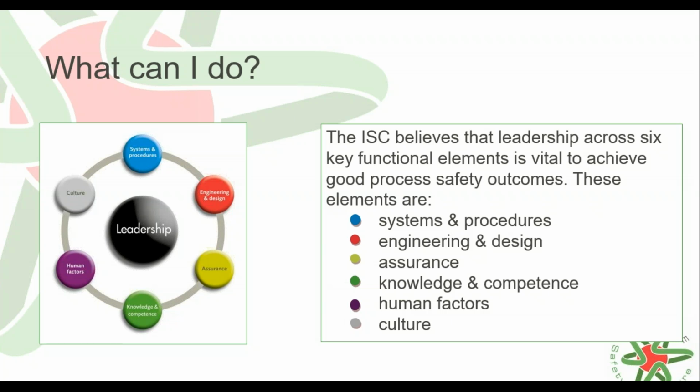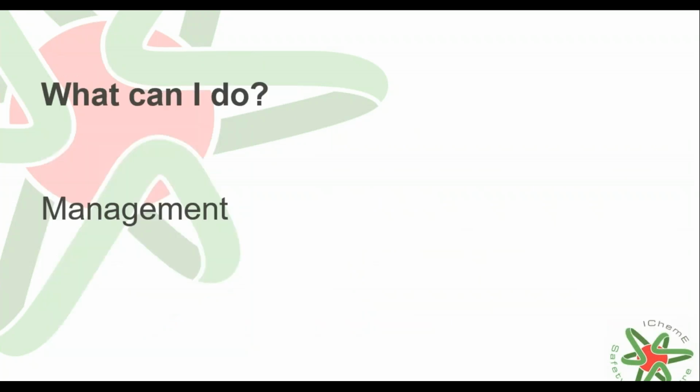So you can check which elements are related to the particular recommendation. I highly suggest you download the PDF version because I haven't indicated the dots in this webinar, but you can see them in the PDF document.